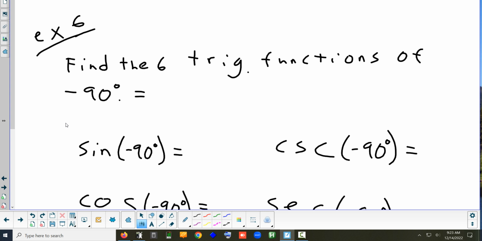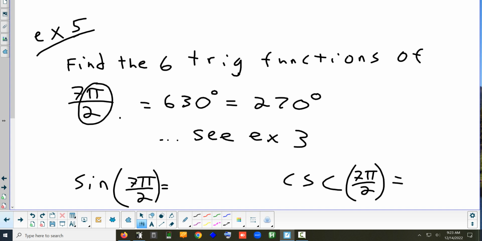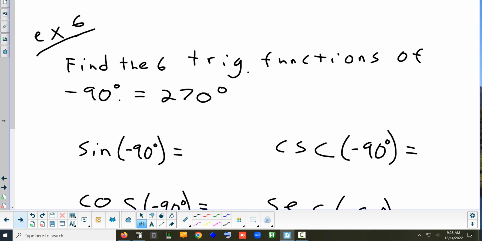So let's add 360 to that. And what does that give me? 270 degrees, which is exactly the problem we just talked about, and the problem before that. So it's the same question again. You might see different numbers here, but it really might mean the same thing as something else. All right, good question on that.